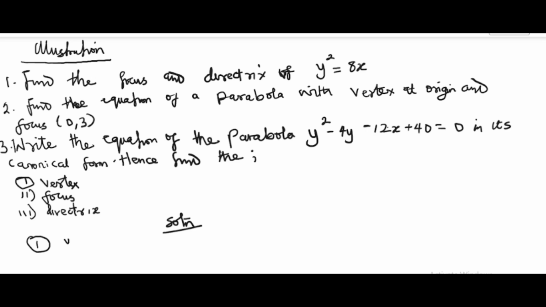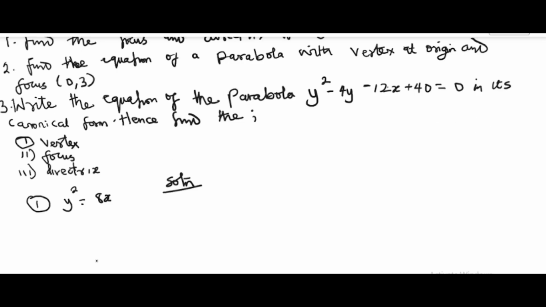Okay, so now find the focus and directrix of y squared equals 8x. I think this one is the easiest question. So now compare it with this equation: y squared is equal to 4ax. If this is equation 1 and this is equation 2, compare the coefficients of x in equation 1 and 2.